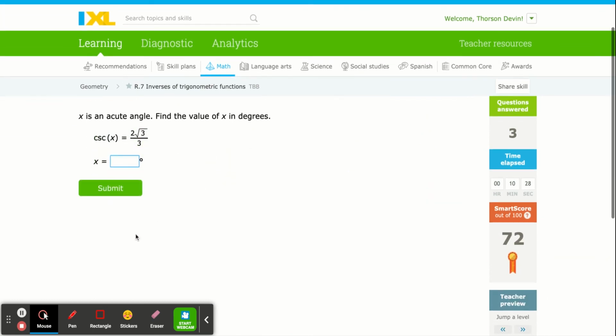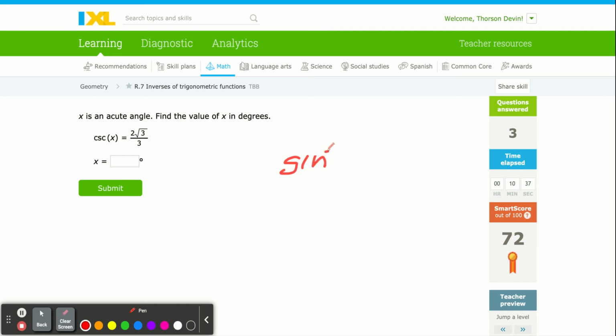So again, with this one, cosecant is related to the sine function. So what you're going to do is take the inverse sine on your calculator of this right side flipped upside down. So you're going to do it as 3 over 2 square roots of 3 on your calculator.